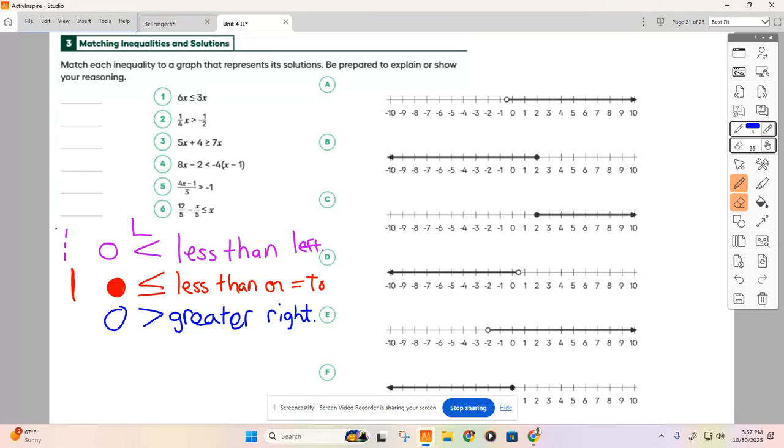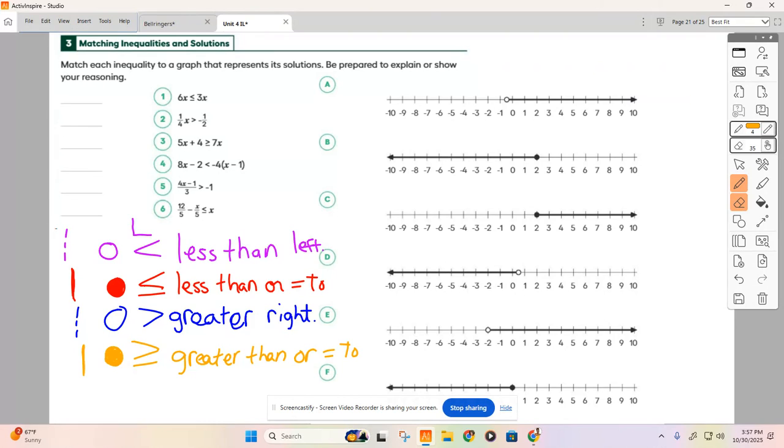That's going to be a hollow circle and a dotted line because it doesn't have the equal sign. We're not including that value. And then finally, greater than or equal to is going to have that closed circle, and our boundary line will be a solid line.